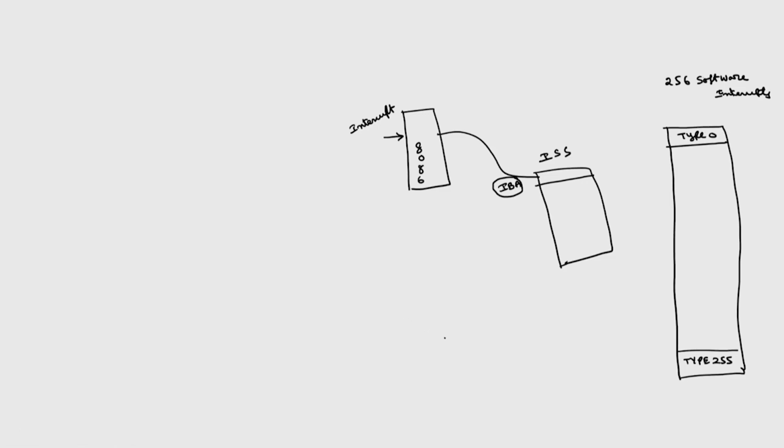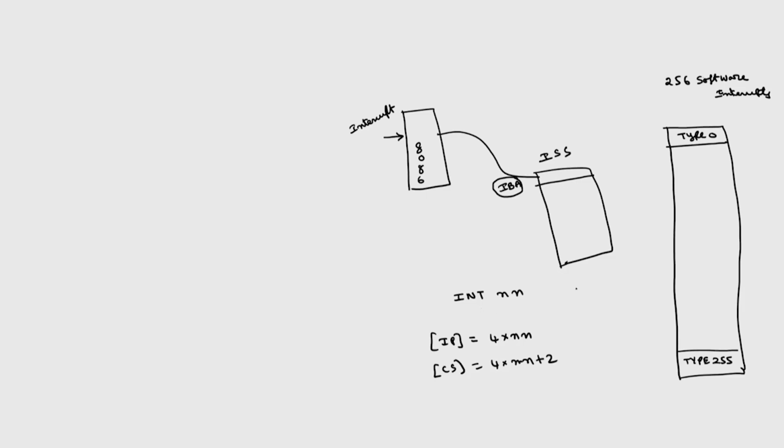So in general if you have INT NN, the contents of IP will be 4 times NN, and the contents of CS will be 4 times NN plus 2.